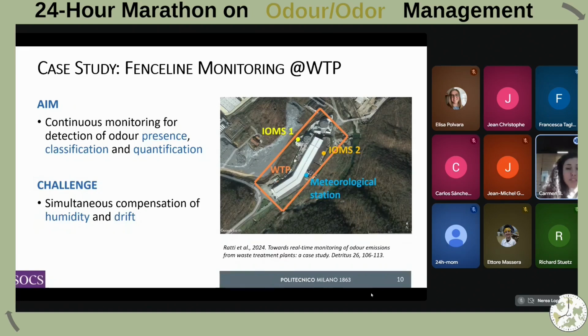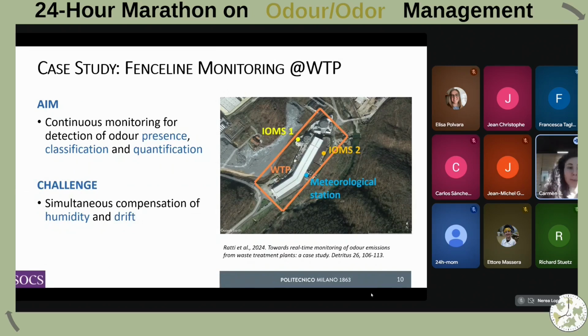We are using two instruments installed at the fence line of the plant, and the network of instruments also includes a meteorological station whose signals are combined with the outcomes provided by the instruments.